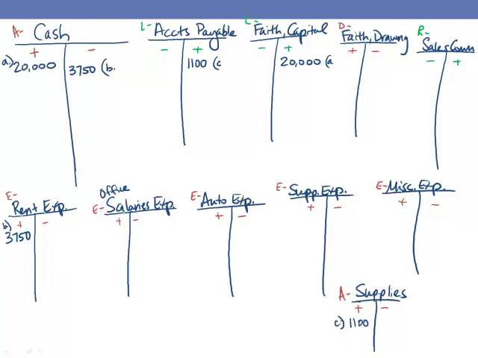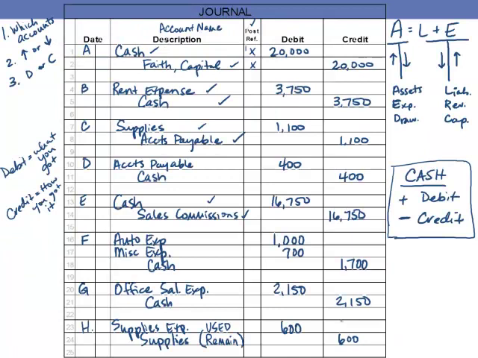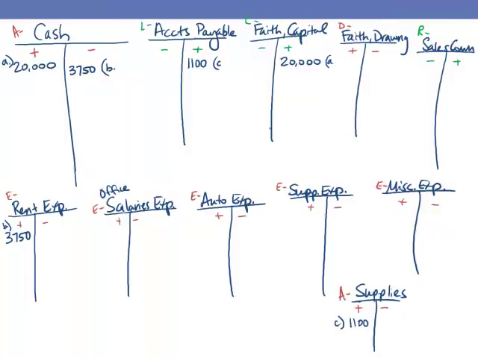Okay. Make sure you put it on the correct side. Okay, so we did those. Okay, accounts payable and cash for $400. So accounts payable is debited $400. And cash is credited $400.